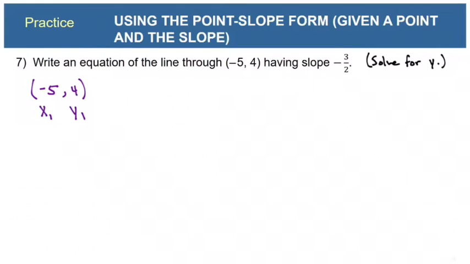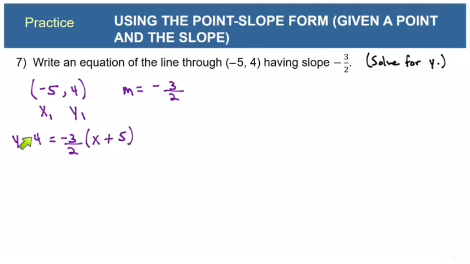The -5, 4 is our x1 and our y1, and the m is -3/2. Now the point-slope formula says y minus y1, so I have y minus 4, equals m, which is -3/2, times x minus x1. Now x1 is -5, so x minus -5 becomes x plus 5.